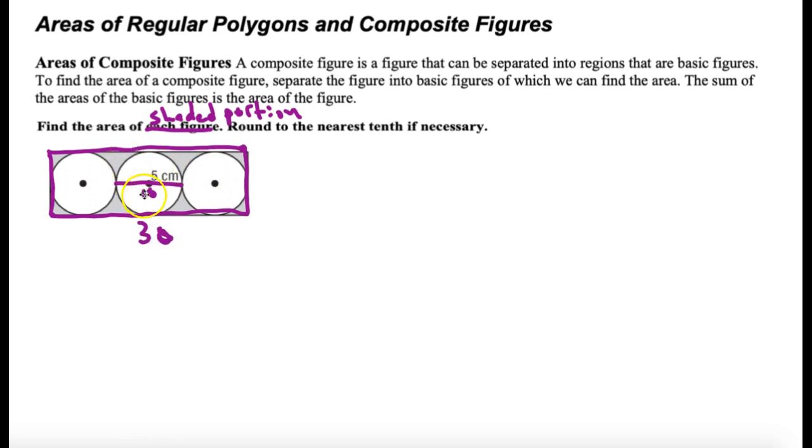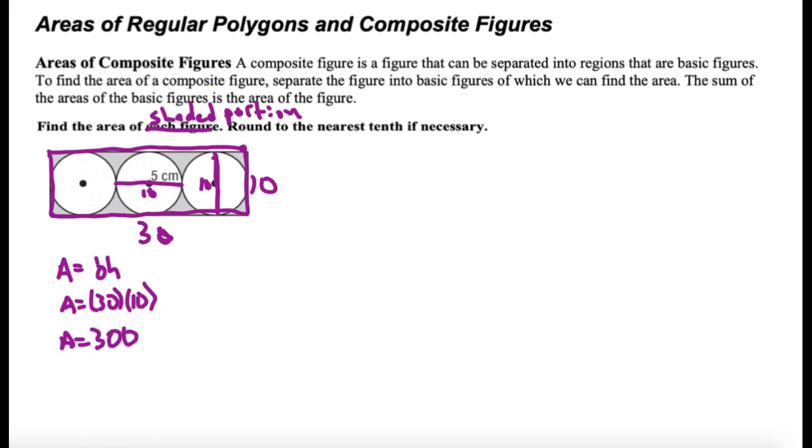And if a diameter this way is 10, a diameter this way is also 10, which means this side of this rectangle is 10. So the area of this entire figure, base times height, will be 30 times 10, which would just be 300.